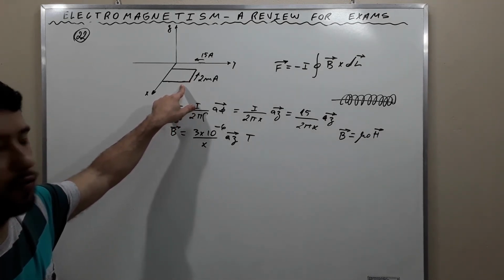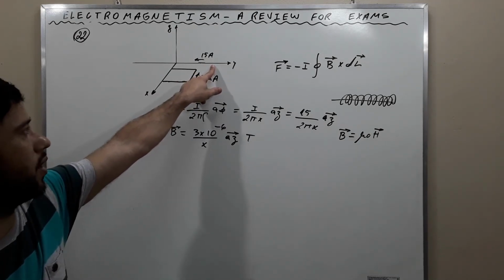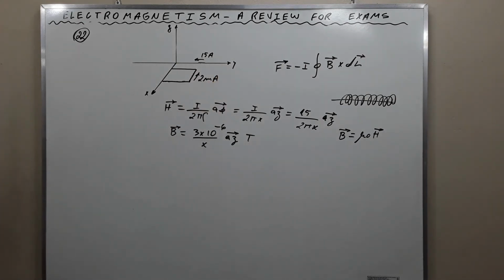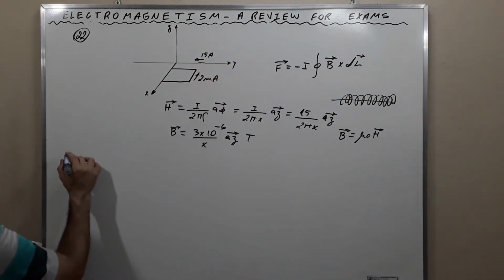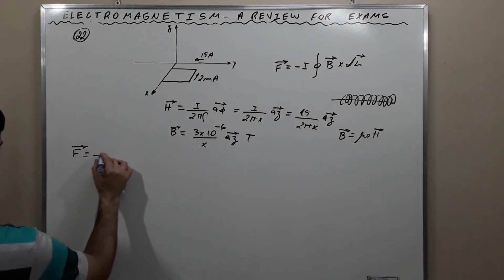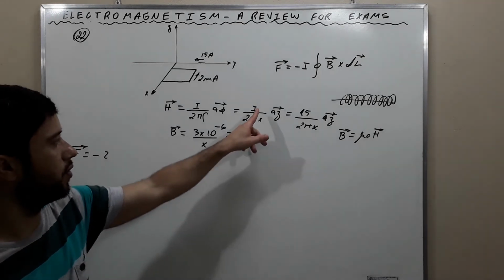And we are going now to use the expression of the force to calculate the force on this loop of wire due to this filamentary conductor laid in the y direction. And we find that F is equal to negative 2, okay? Observe the difference.